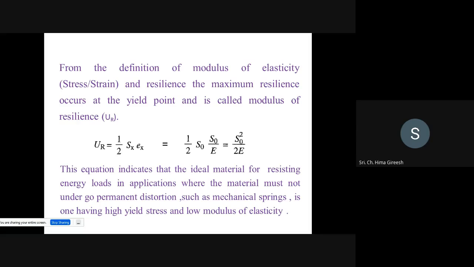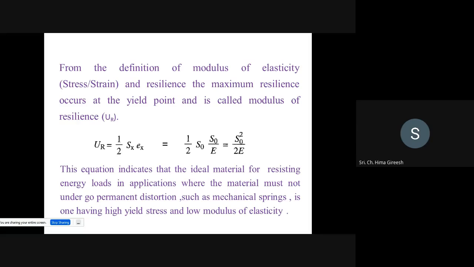So we should consider up to the yield point, and sometimes up to the elastic limit. Some materials have just a very small variation between the elastic limit and the yield stress values, so up to the yield stress we consider. Beyond that, if we get permanent distortion, the material enters into plasticity, and then we should not go.